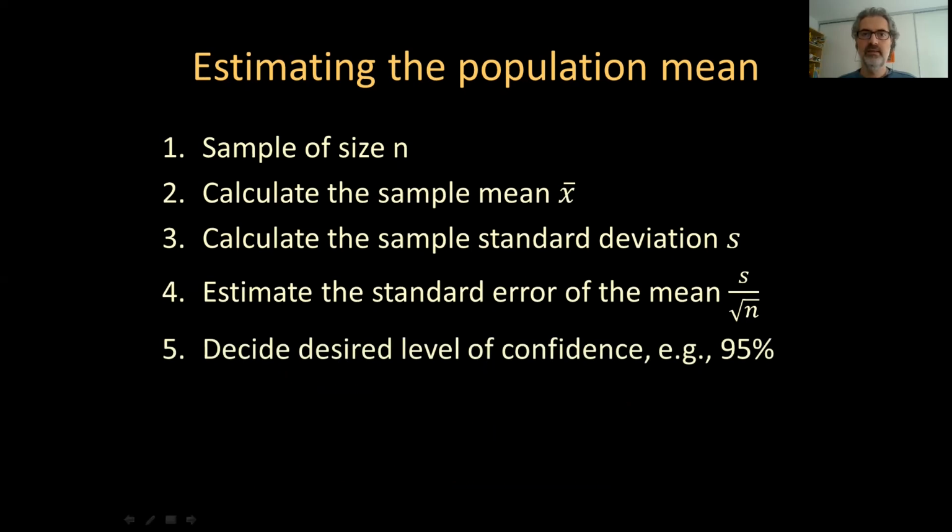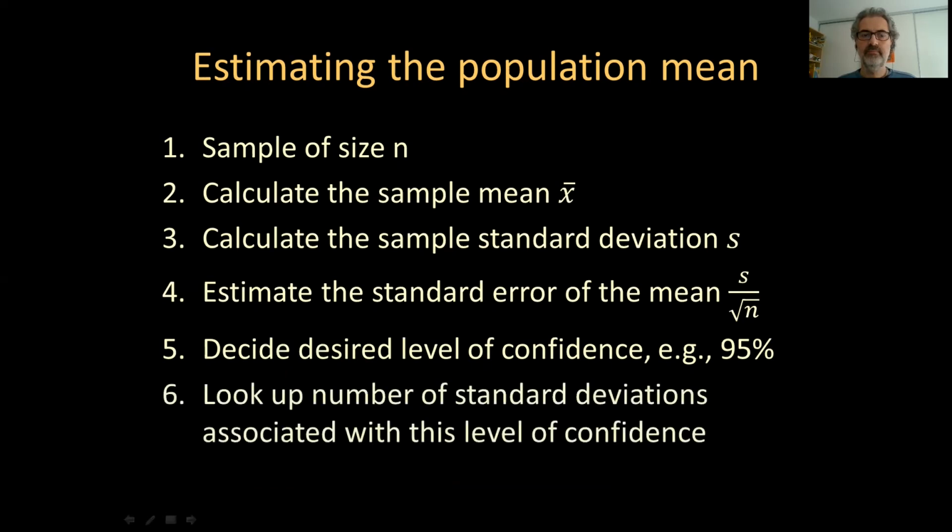So let's say we want a level of confidence at 95%. We can pick anything. We can pick 99, 50%, 75%, whatever we like. 95% is used most often. And then what we need to know is how many standard deviations are associated with this level of confidence.